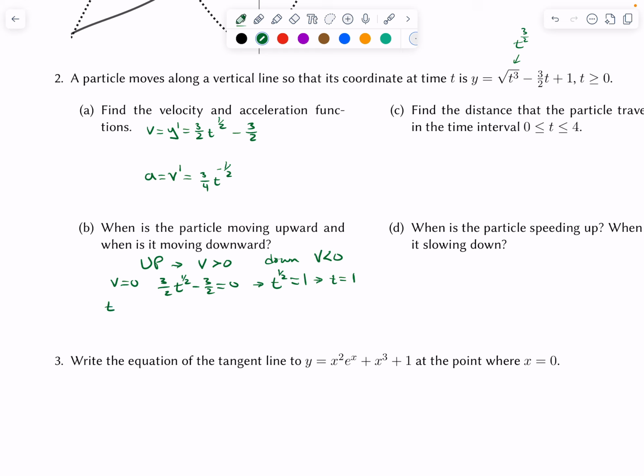So when t is less than 1, we can work this out by plugging in a test point. For example, we could plug in 0, and we get that v of 0 is negative 3/2. So v would be less than 0, so that's going to be down.